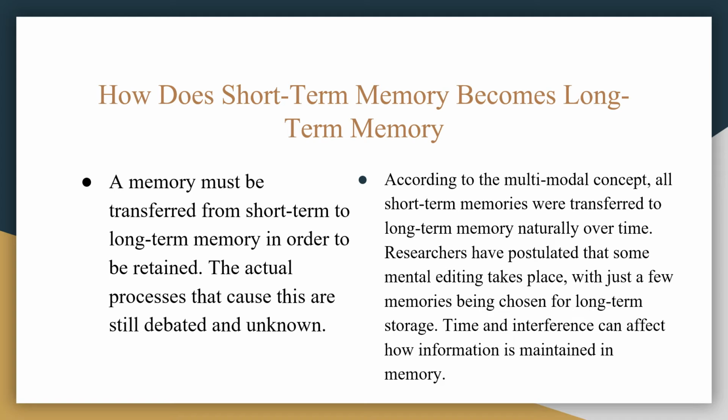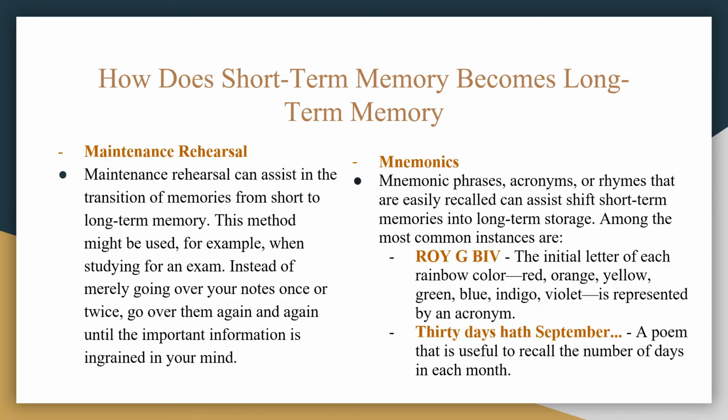Researchers have postulated that some mental editing takes place, with just a few memories being chosen for long-term storage. Time and interference can affect how information is maintained in memory.